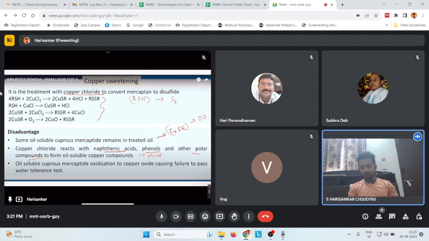And then oil soluble cuprous mercaptide oxidation to copper oxide, causing failure to pass the water tolerance test. Again, basically all these disadvantages are based on the impurities of copper, along with some addition to it, mostly copper based mercaptans or so on. So most of the disadvantages here are metal based impurity disadvantages.